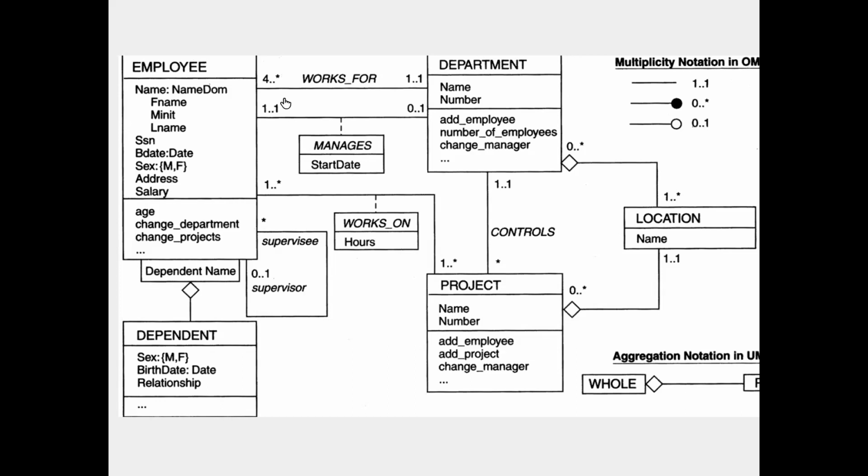We have to say 1 to asterisk, right? And the second one is the manages. You can see here 1-to-1, which means the minimum and maximum value of that link.